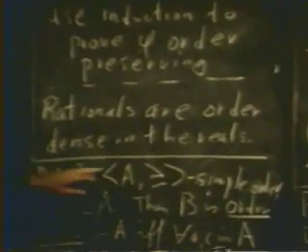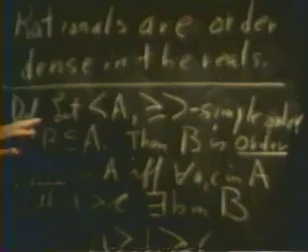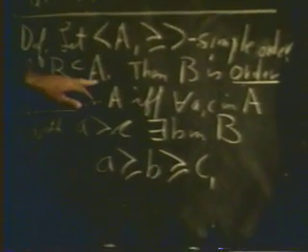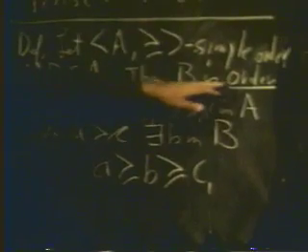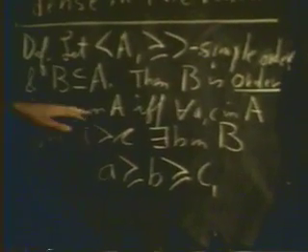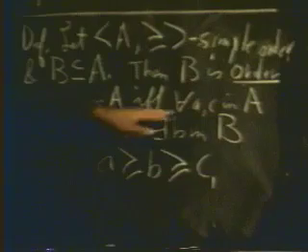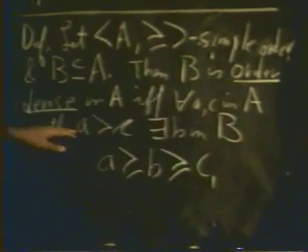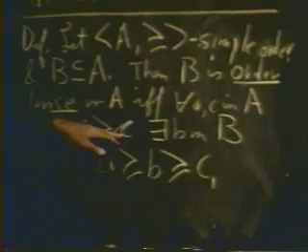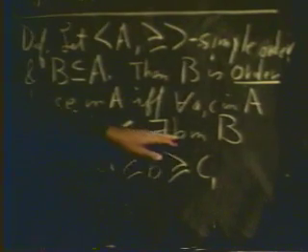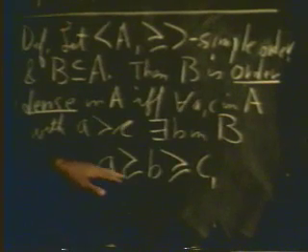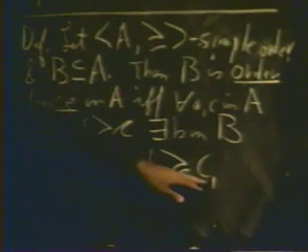So we start, as usual, with our standard simple order, and B is a subset of the given set A. Then B is said to be order-dense in the set A if and only if, for any two elements a and c in A, with a strictly greater than c under the ordering, there must exist a b in B that lies in between. That is, such that a is at least as great as b, at least as great as c.